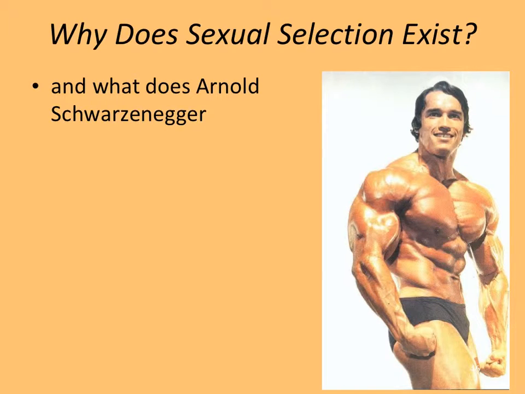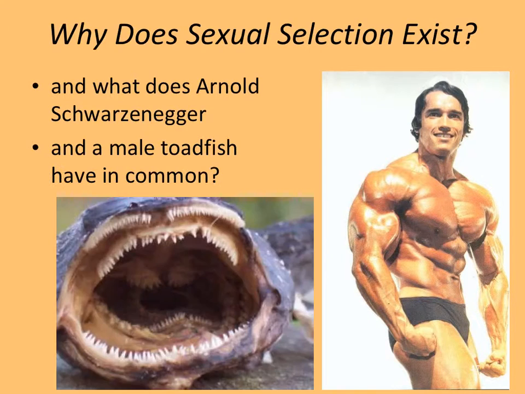Why does sexual selection exist, and what does it have to do with Arnold Schwarzenegger? And a male toadfish. So what do Arnold Schwarzenegger and a male toadfish have in common?